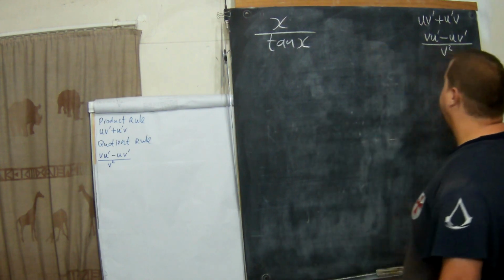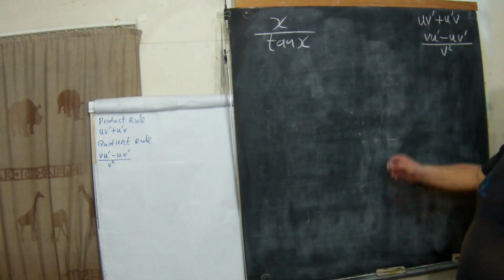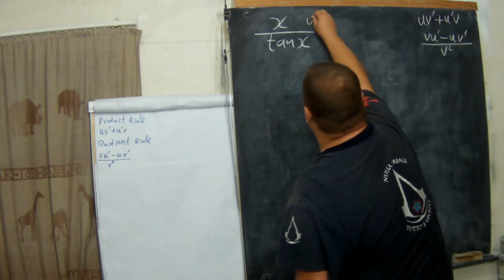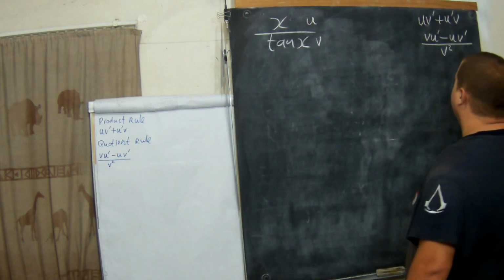Now we have this sum. This is a quotient rule because it's all a division. So, u is the numerator and v is the denominator.